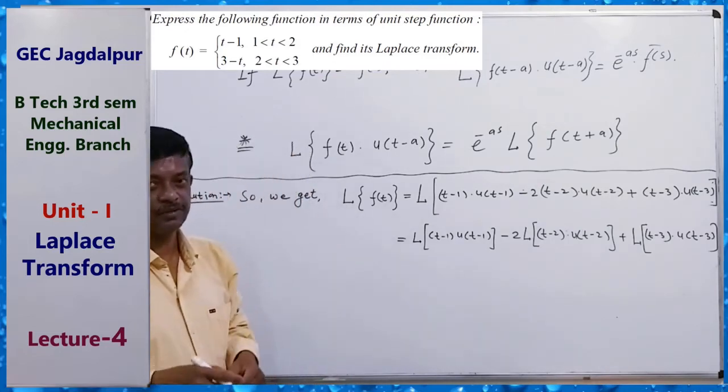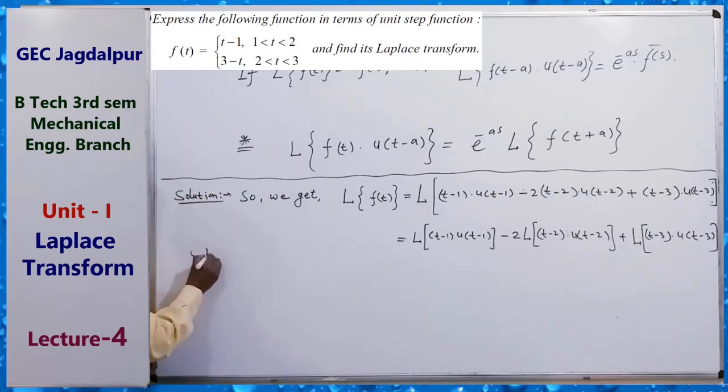Laplace transform of t is 1 upon s square. Clear?